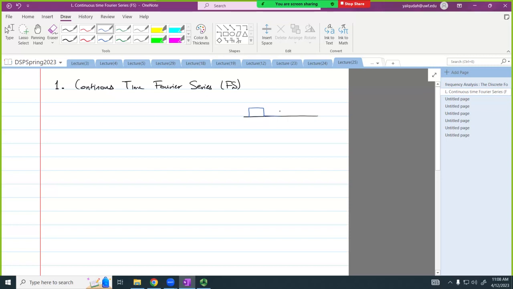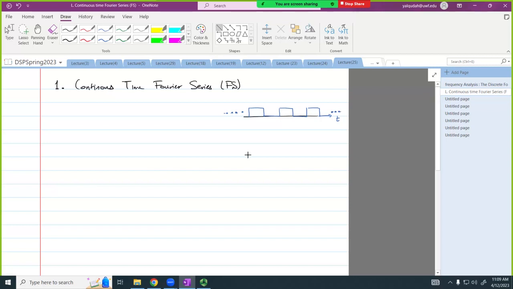So if I have a signal that looks something like this, and I want to look at the spectrum of this signal, this is time domain, then we use the Fourier series to calculate the spectrum of the signal. How does the Fourier series of the signal look like?